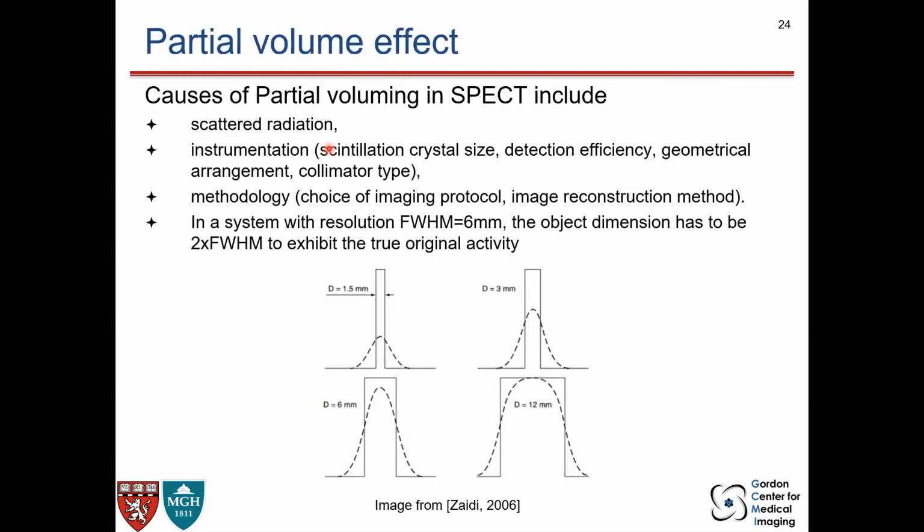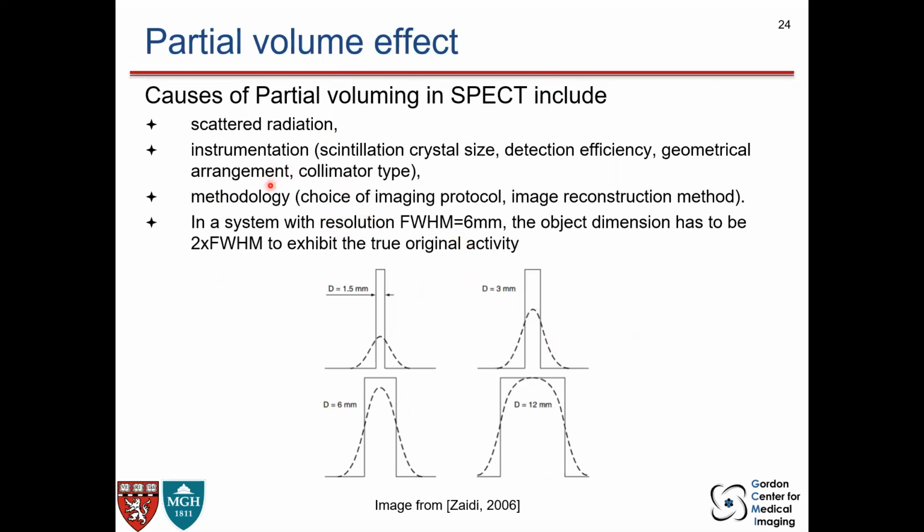So partial volume effect. What is partial volume effect? The simplest way that I can describe this is, if your system is capable of resolving, let's say, 6 millimeter features within the image, then the object that you're interested in seeing the activity in has to be about twice the size of the FWHM resolution of your system.